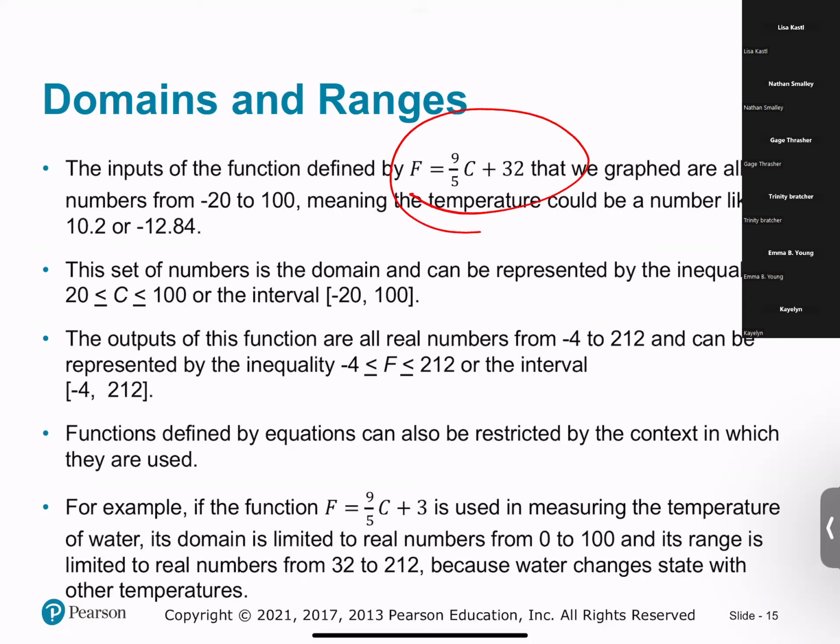I don't remember what temperature it is in Celsius. But there is what's called absolute zero, where the motion of the particles, like atoms, stops. And it's not -1000 degrees C. So maybe it doesn't make sense to figure out what the degrees Fahrenheit is from -2000 degrees Celsius. That doesn't make any sense. So there is context to the problem that restricts your domain.